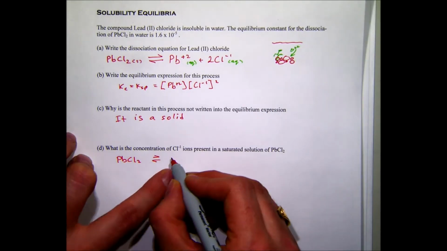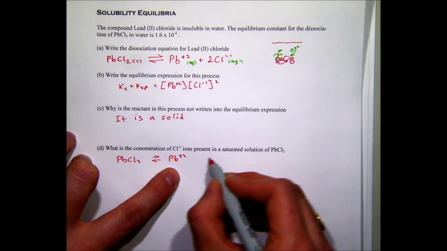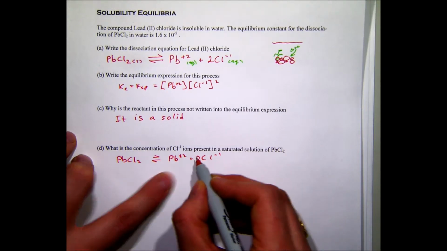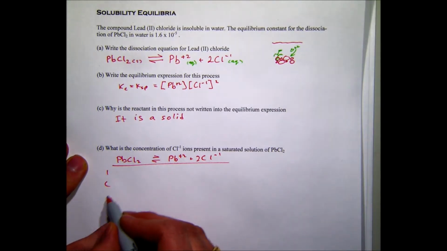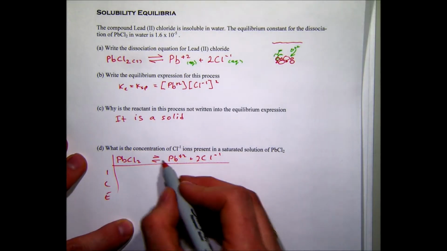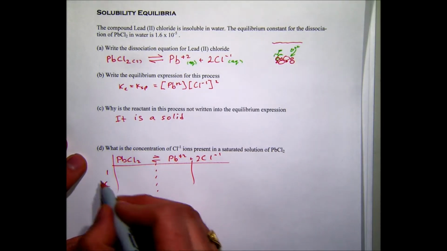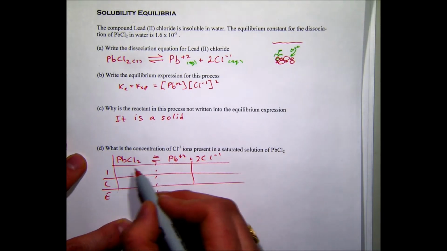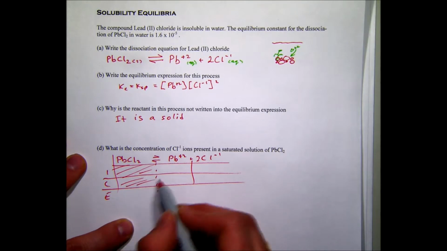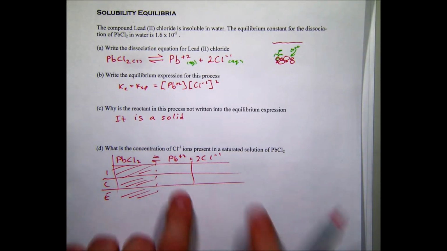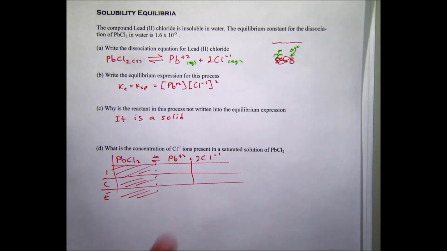We can write this all the way out if we want to make our lives a little clearer, hopefully. We write our ICE box out. Because this is a solid, we're never going to include it. I wrote it in just so we could see where the equation's coming from, but we're only going to be concerned in these two areas.